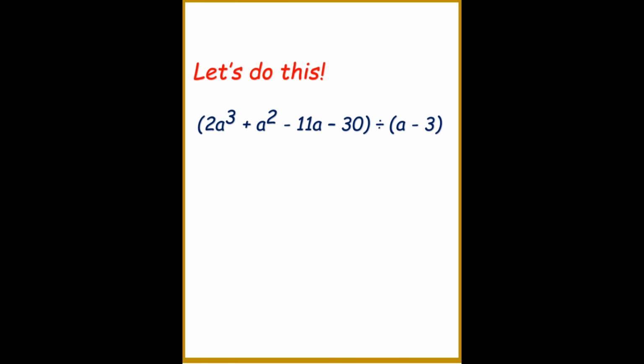Okay guys, let's try to answer this. Our first step is to write the symbol, and don't forget, use the opposite sign. So -3 will become +3. Be careful with the correct signs. Then the second step is to write the numbers. So we have 2.